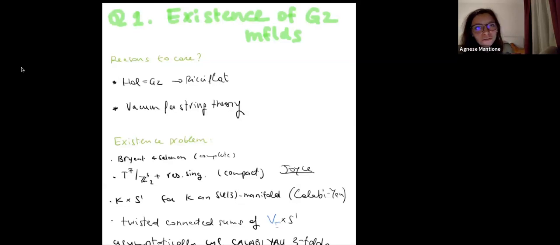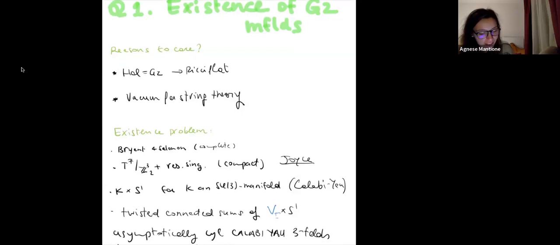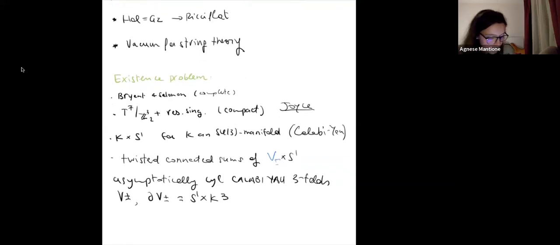Okay, so if these two reasons are enough for you, then we can ask, does a manifold with that holonomy exist? And the problem was solved for the first time by Bryant and Salamon, who offered an example of a complete metric with G2 holonomy. However, the manifold that they constructed was not compact. The first example of a compact manifold with G2 holonomy was given by Joyce.